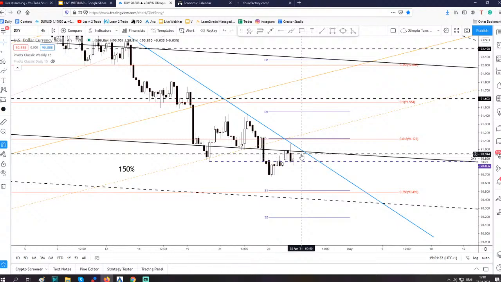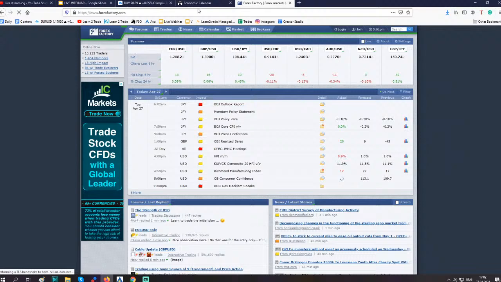DXY, let's take a look again. Let's take a look here as well on another economic calendar. Yeah, 109.7 increase from 109.7 to 121.7.